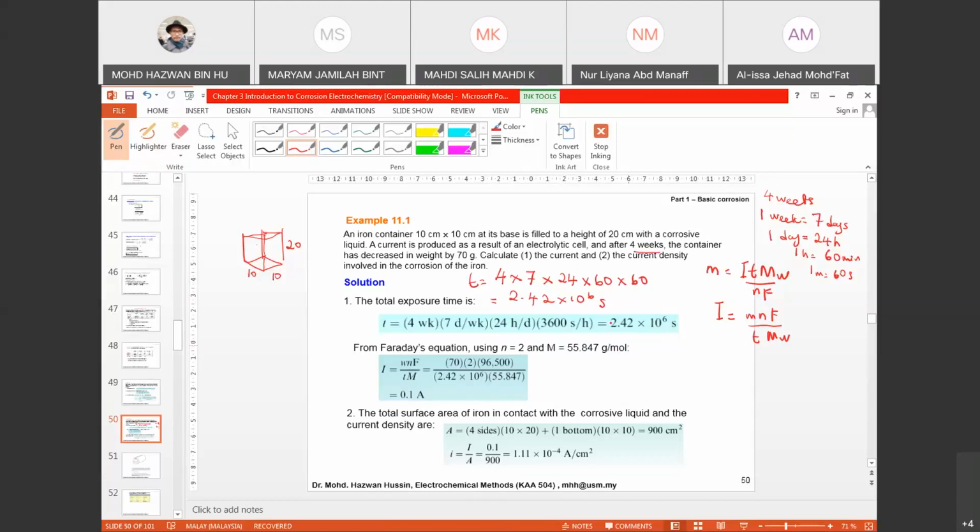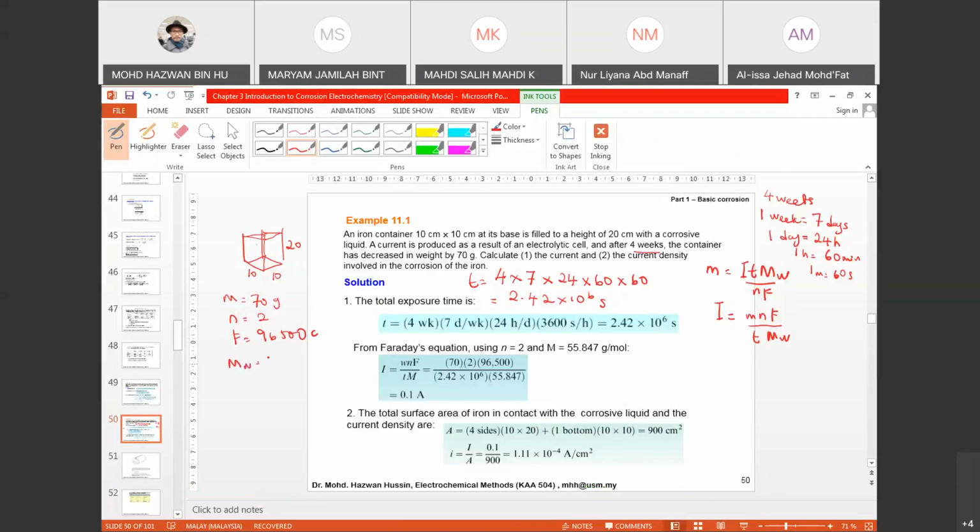Okay? All right. So what will be the other information? The other information is already given. Mass loss is equal to 70 grams. And because this is for iron, n is equal to 2. Faraday's constant is equal to 96,500 coulombs.